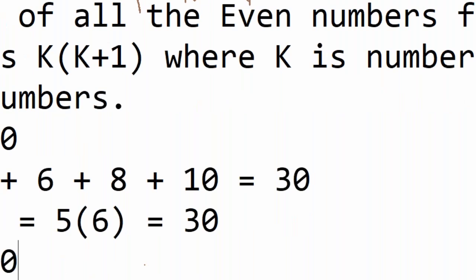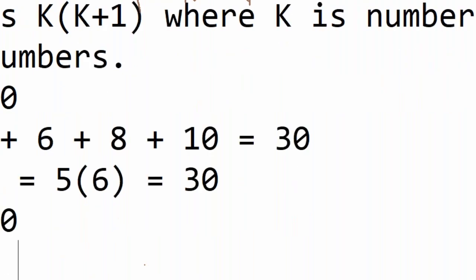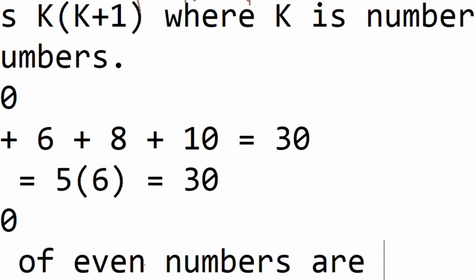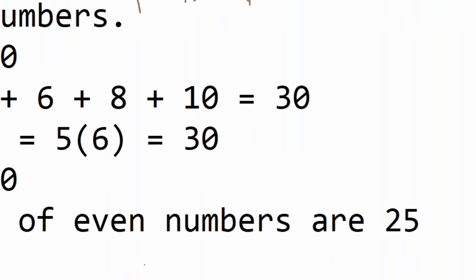So 1 to 50, how many even numbers are there? Sorry, the number of even numbers is 25. Whenever the number of even numbers is 25, directly you have to go for 25 into 25 plus 1, the sum of the even numbers from 1 to 50.